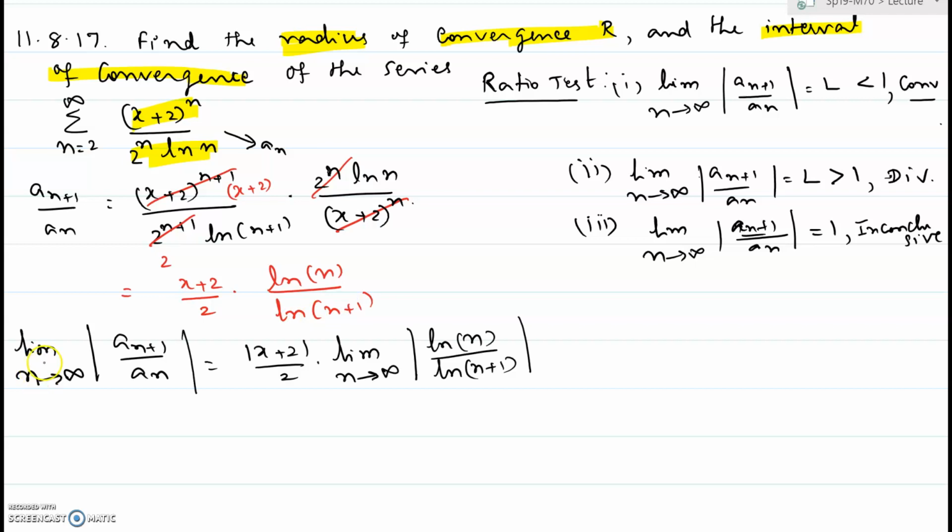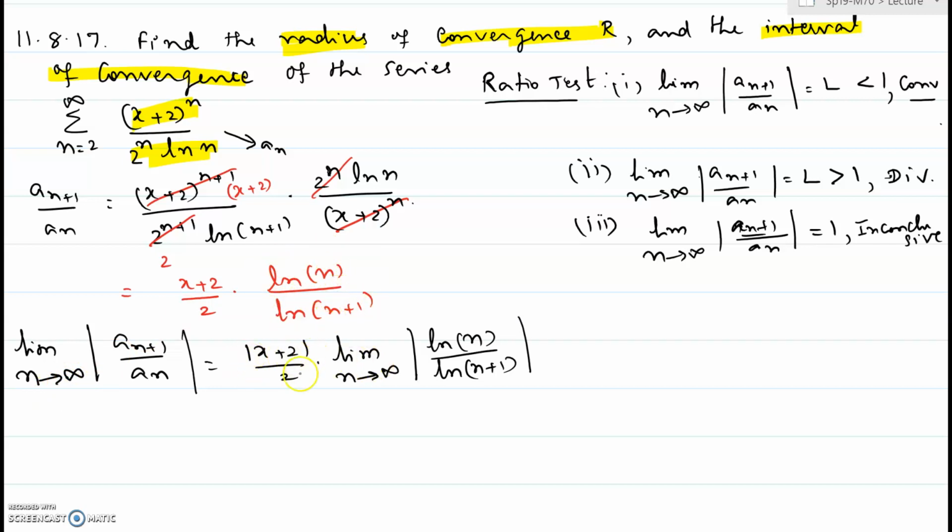Now we'll apply the limit as n approaches infinity of absolute a_(n+1) over a_n, which is just this expression with the absolute sign introduced. Absolute of 2 is 2, so we don't put the absolute sign there. Because we are only allowing n to approach infinity, only the term involving n will get affected.